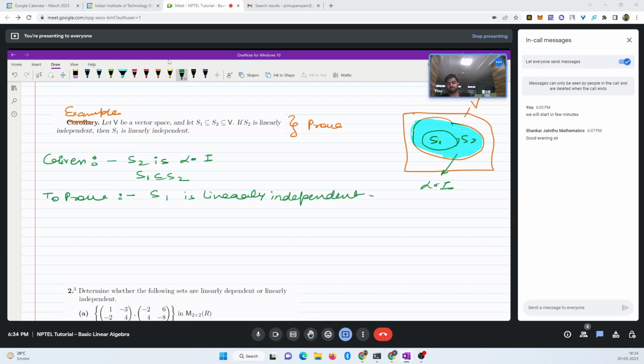Okay, we'll tackle this one using contradiction. So we'll begin by assuming, let us assume that S1 is linearly dependent. We assume the opposite of what we have to prove, right?